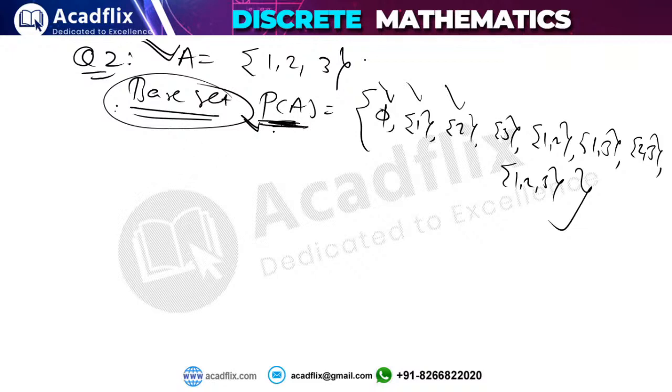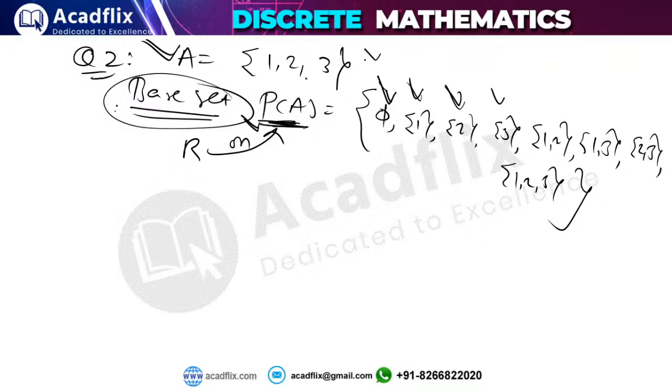Now on this power set of A, we are defining a relation R on PA. This relation will consider these elements. Always remember this thing: first of all you need to check on which set we are defining our relation. This is important. For example, here we have two sets.